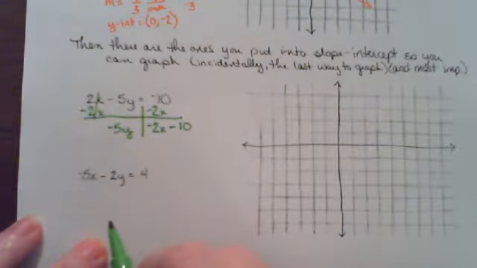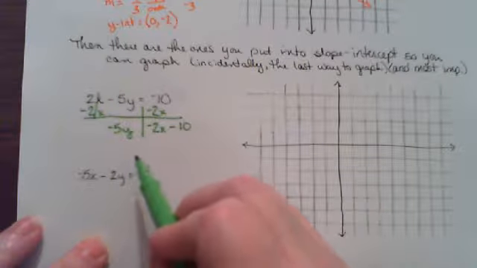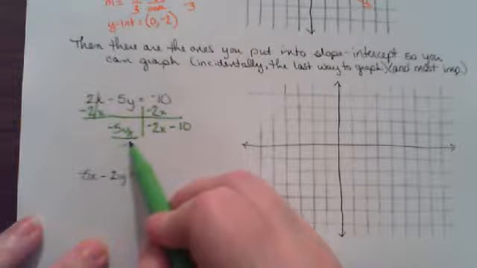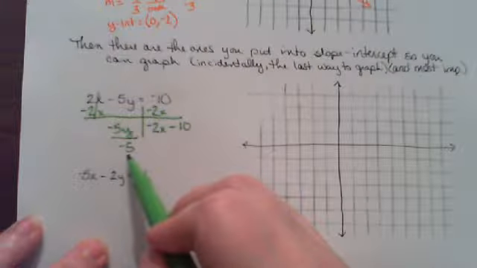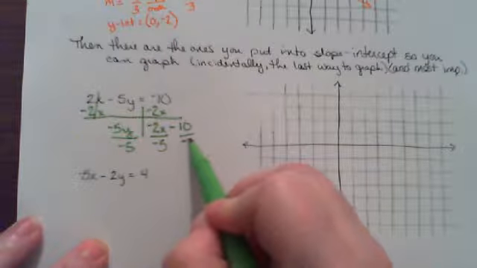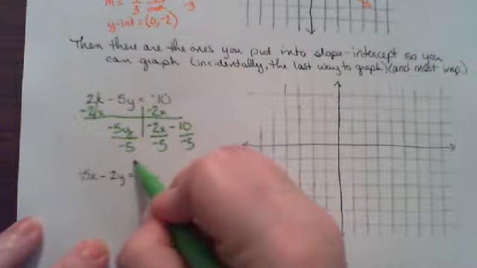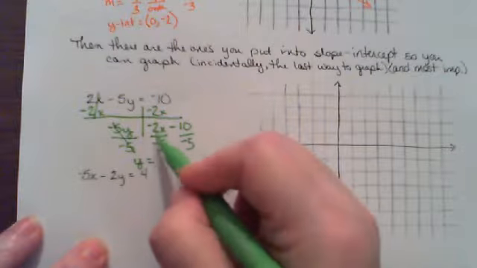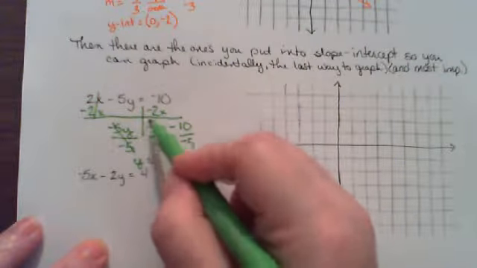So I have that. Now I need to get my y by itself. What's keeping the y from being by itself? That negative 5. So I need to divide this side by negative 5. When I do, I've got to divide everything on this side by negative 5 too. So that gives me y equals, they'll cancel each other out. My negatives cancel each other out here.